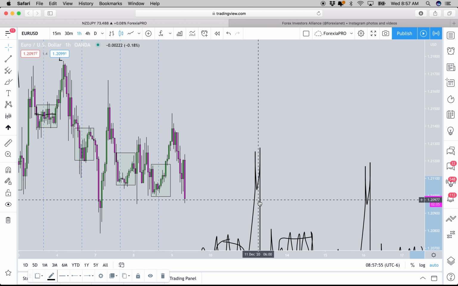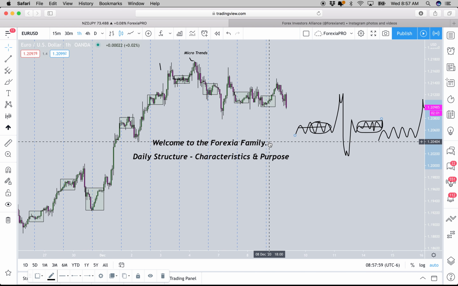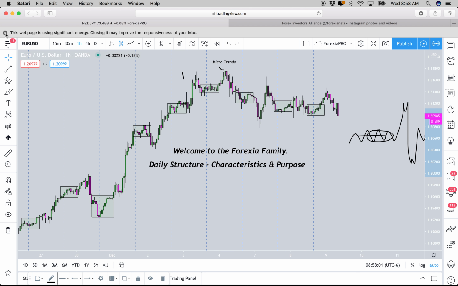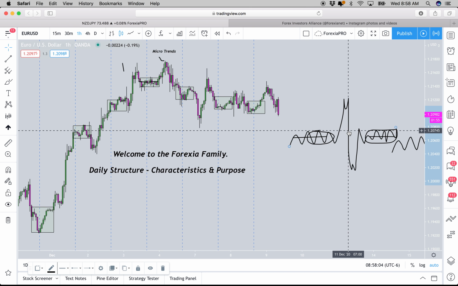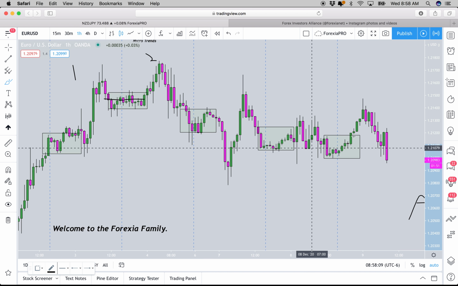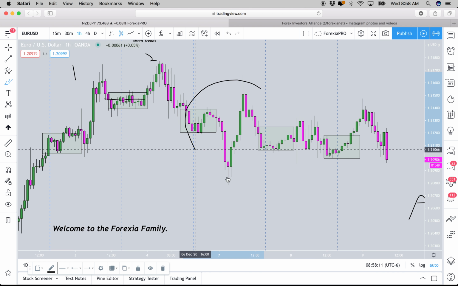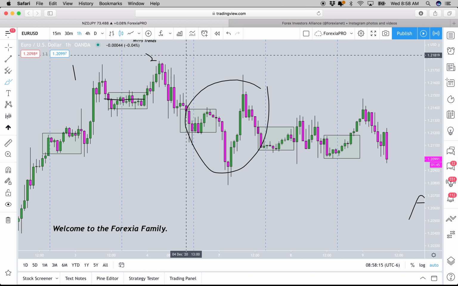This is the daily structure that we are talking about. And you can't see it every single day. It's not like every single day it's going to be as perfect as it was 2 days ago or 3 days ago, right? These are perfect examples.